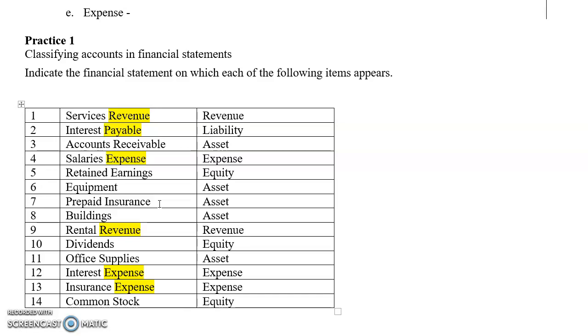Some of y'all probably pay insurance every month or quarterly, but if you paid once a year, then every month you're not making a payment. So it's kind of like an asset, at least that's how we treat it in accounting. Prepaid, we paid the whole year up. Prepaid insurance is an asset.